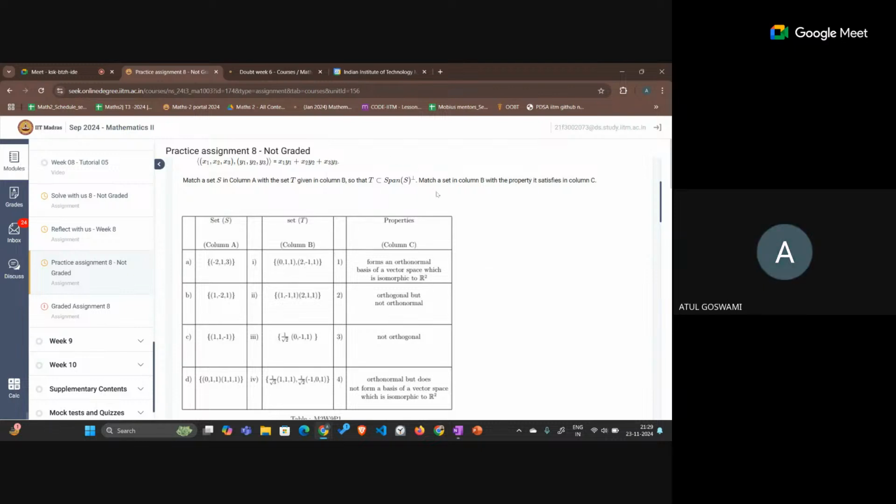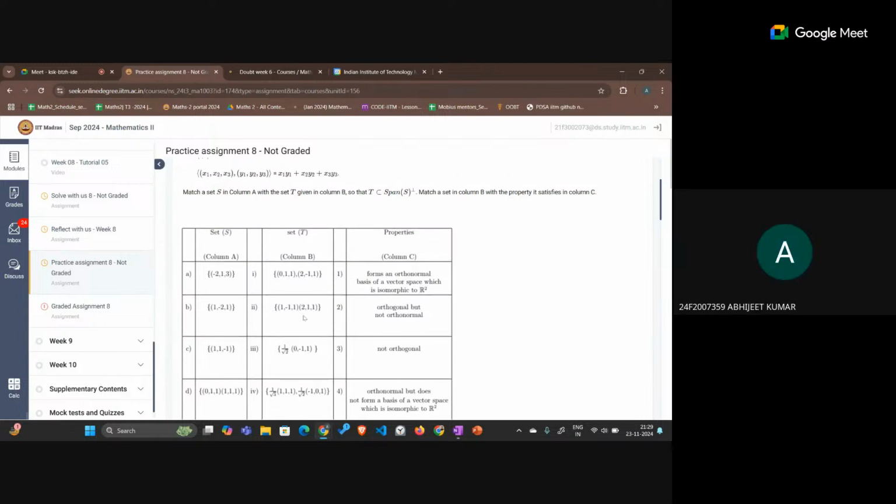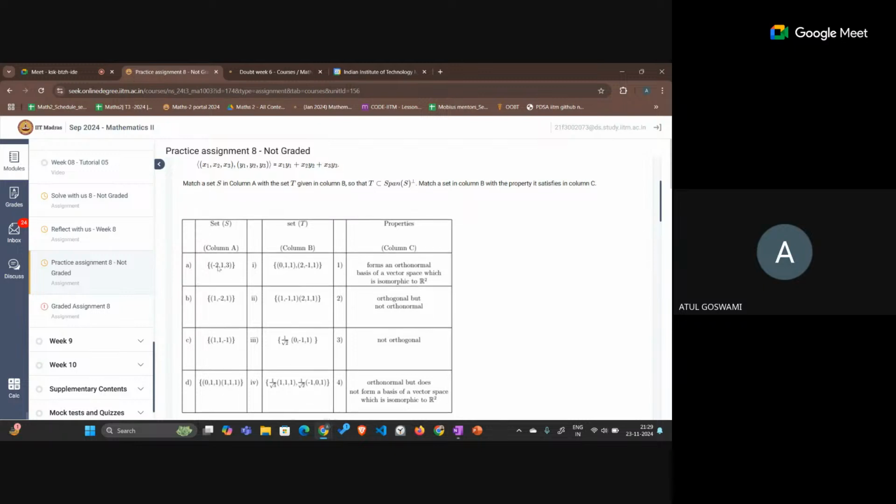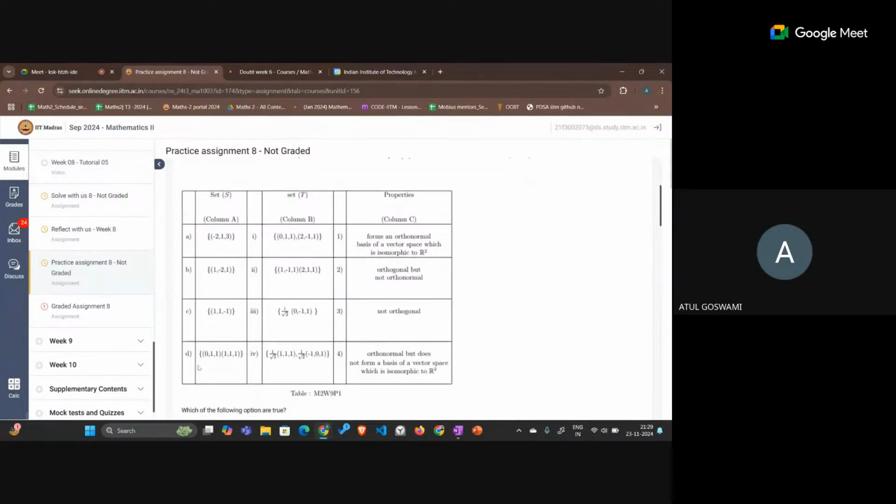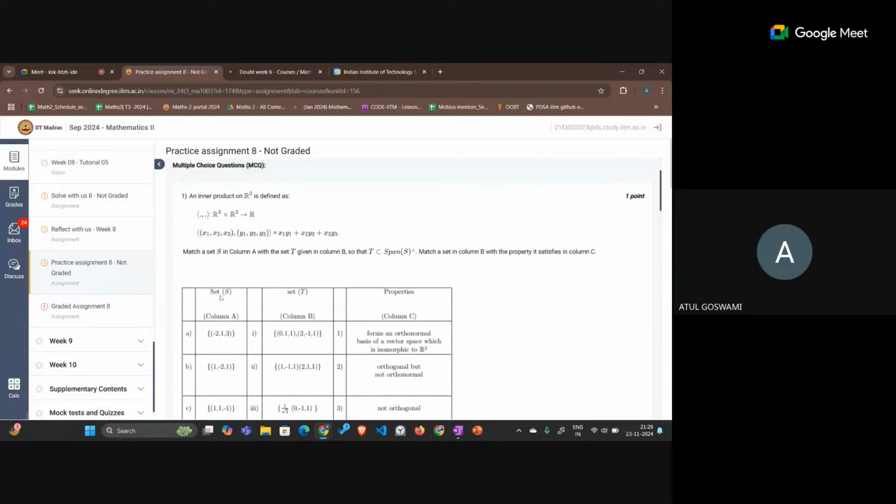How to find the span of S perp, right? Yes, sir. Okay, so span of S means, suppose this option A has only one vector. Three of the options have only one vector, and in D there are two vectors. So the span of all the combinations, you already know. The span of this will be a vector space, right? And we have to find a vector space.